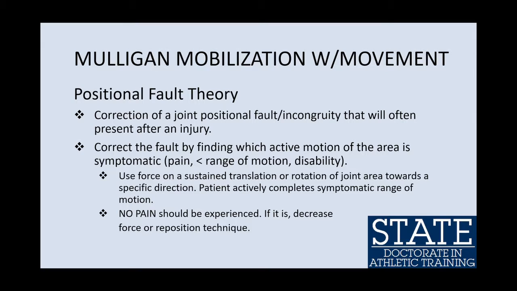And this theory basically is about correcting the joint positional fault, or as you can imagine, it's positionally not correct or incongruent, and that will often present after an injury.